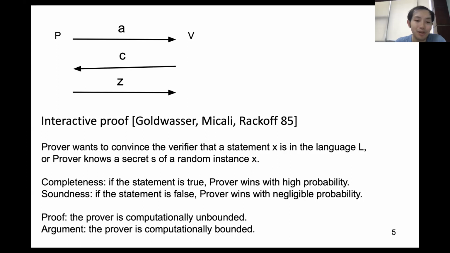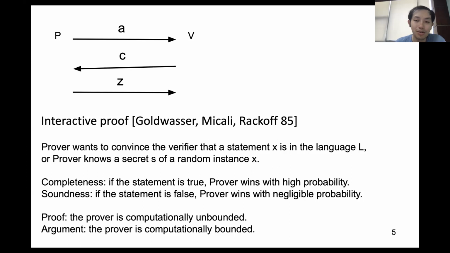Another case of interactive proof we call an argument, meaning that the soundness only holds when the prover is computationally bounded. The typical example is Schnorr's interactive protocol for proving knowledge of some exponent.